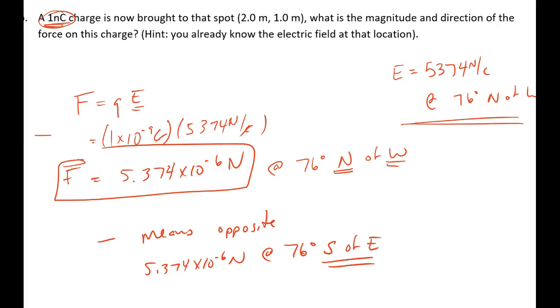So it would get pushed 180 degrees different because it would be negative. The force would still be the exact same value, but the direction would be 180 degrees different. Because it says what's the force on the charge, that implies both magnitude as well as direction.